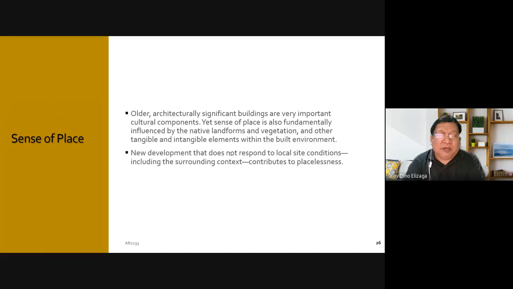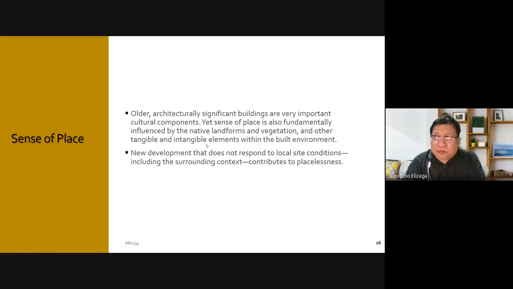You're part of their own development. It says older architecturally significant buildings are very important cultural components, yet sense of place is also fundamentally influenced by the native landforms and vegetation and other tangible and intangible elements within the built environment.